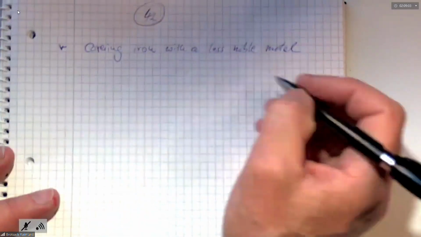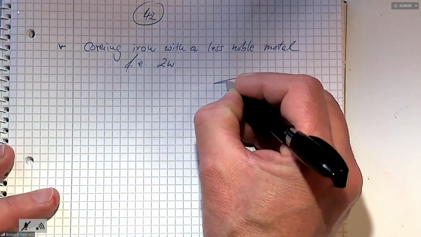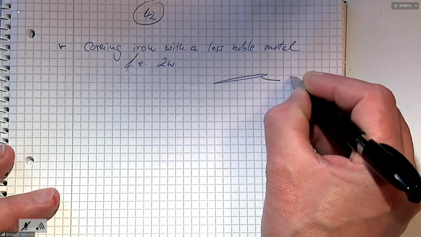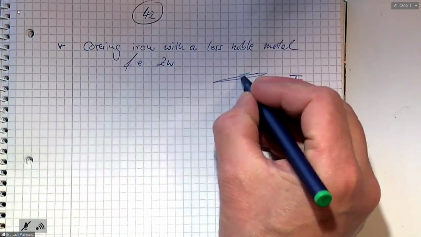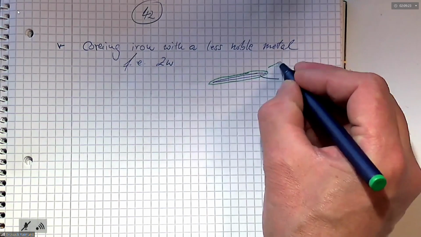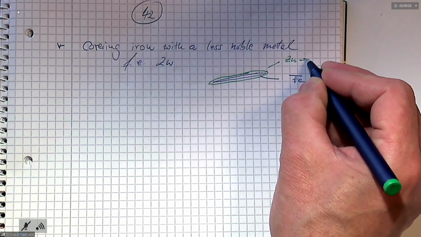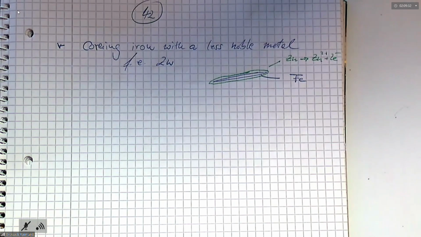So here, let's say that's the metal plate out of iron, and this one is coated with zinc. The zinc then is oxidized, forming zinc 2 plus and 2 electrons, and the 2 electrons are always available to stop the oxidation of iron. When the zinc is gone, of course, then iron starts to be oxidized.